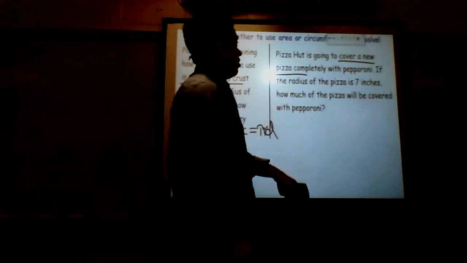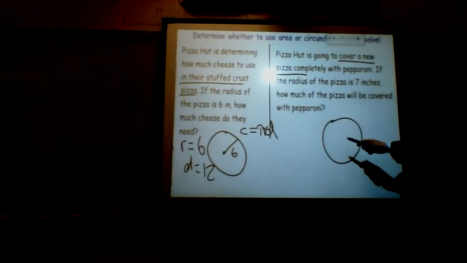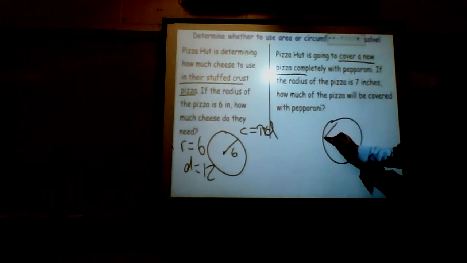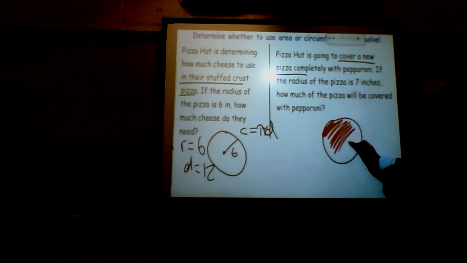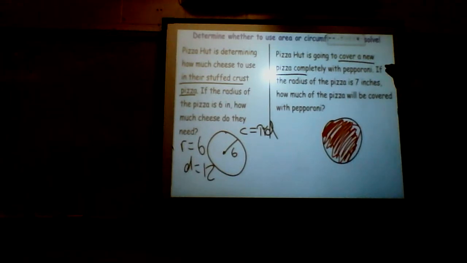In this problem, they're going to cover a pizza completely with pepperoni. Well, if they're covering it, that means they're going to put it in here. All of this is going to be covered with pepperoni. This is making me hungry already. So, we know that the radius is 7. If this is 7, the diameter must be double that, which is 14.